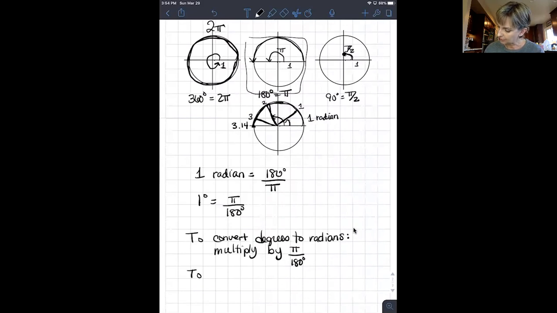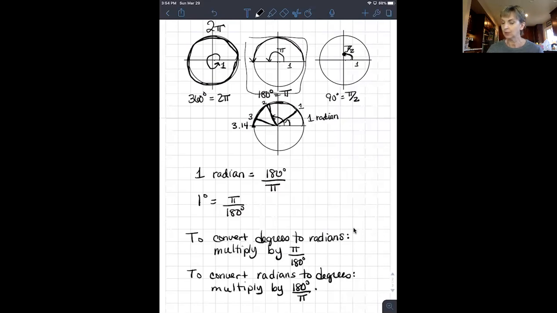And to convert radians to degrees, you're going to multiply by the opposite, 180 degrees over pi.